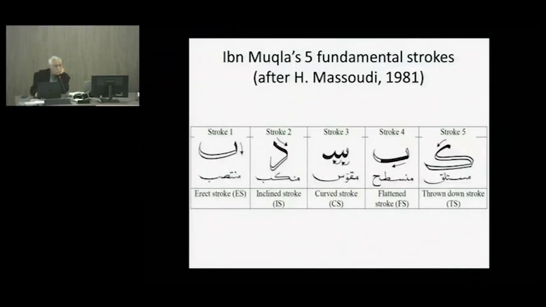Then he distinguished, and these drawings are after Masoudi, 5 strokes. You have a small vertical stroke here. You have a banded inclined stroke here.